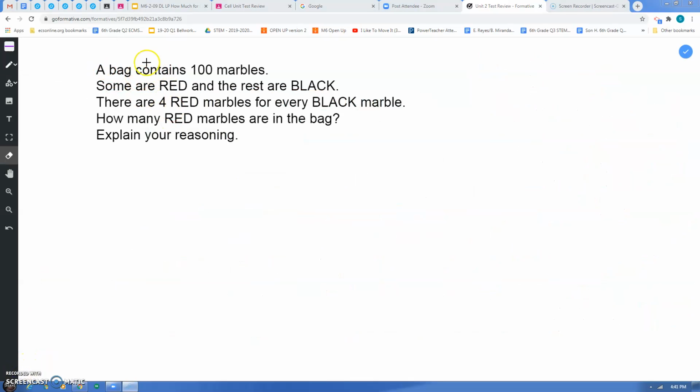Last question. A bag contains 100 marbles. So grand total is 100 marbles. Now they have different numbers. Some are red, and the rest are black.